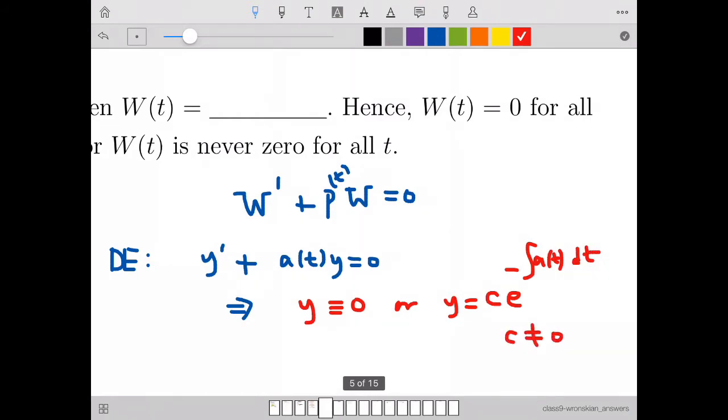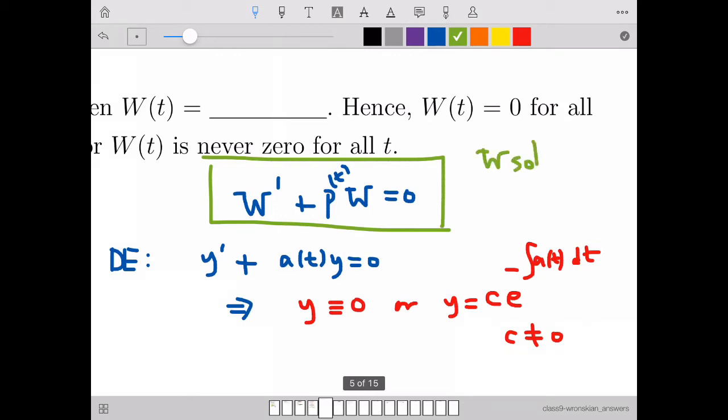So the Wronskian solves the differential equation y prime plus p of t y equals 0 on the interval alpha beta.